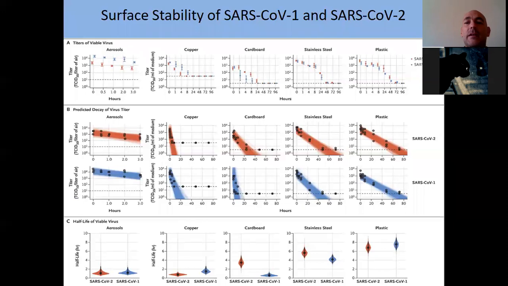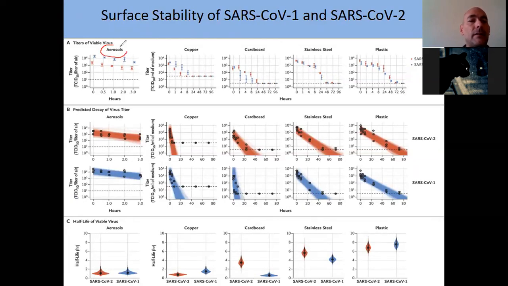You can see on the top, here you can see the number of hours where the virus remains alive.